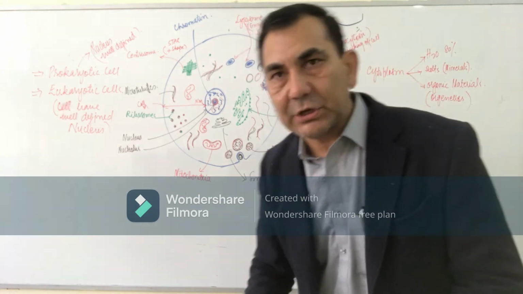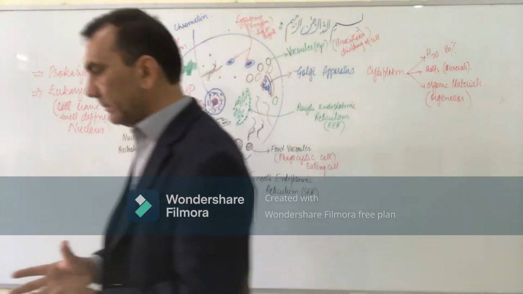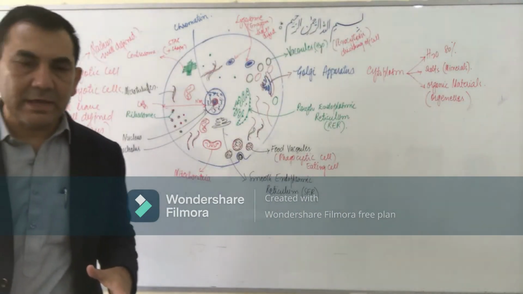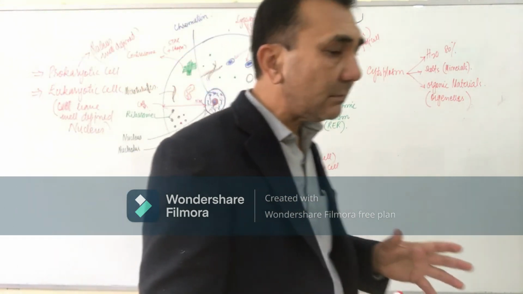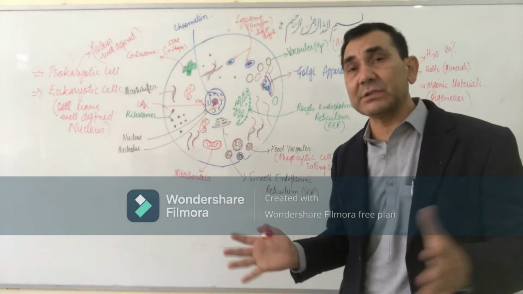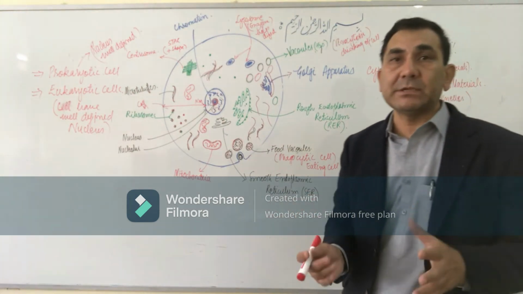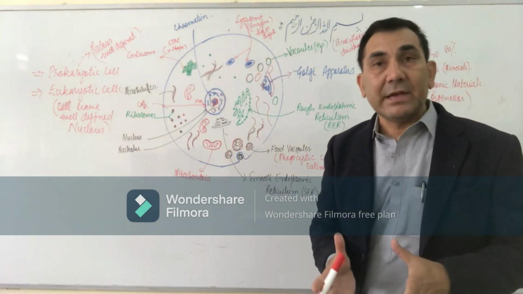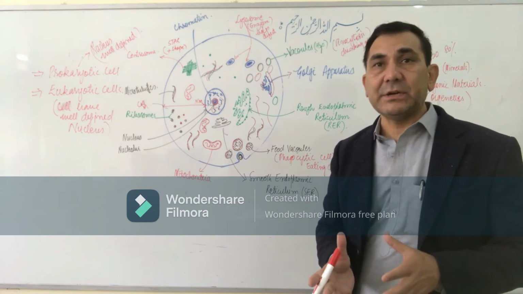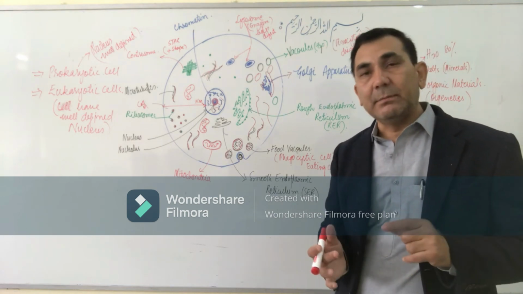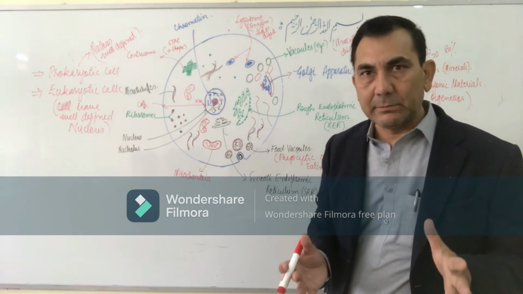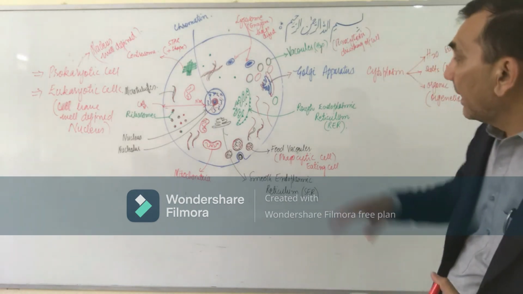So in today's session we learned about the cytoplasm. What is the cytoplasm, and where is the cytoplasm present? Cytoplasm is the gel-like matrix present inside the cell, between the cell membrane and the nuclear membrane.